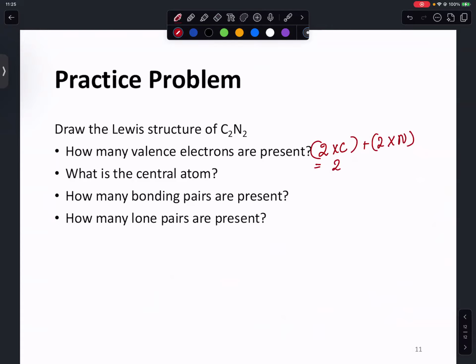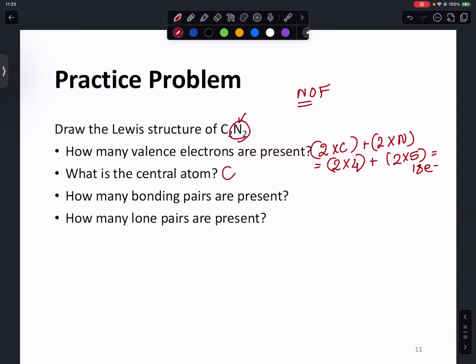And this is equal to 2 times 4 because carbon's in group 4, and then nitrogen is in group 5, so 2 times 5. And this should give me a total of 18 electrons. Now, central atom: nitrogen is one of our 3 most electronegative atoms. Nitrogen, oxygen, and fluorine are our 3 most electronegative. So naturally, nitrogen is going to be terminal and carbon is going to be central.